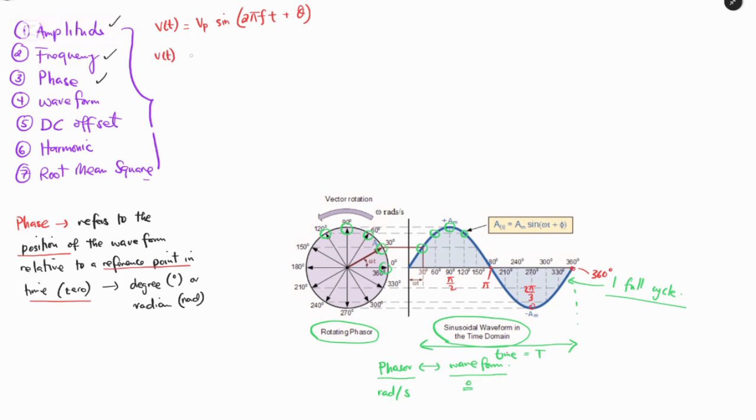So we say the function V(t) is equal to 2 sine 2 pi ft plus 0. Now we will analyze the signal, and since it has a phase shift of 0, it can be simply written as 2 sine 2 pi ft.